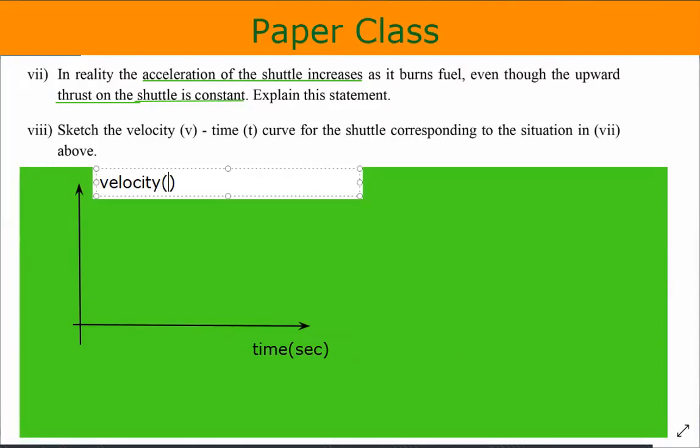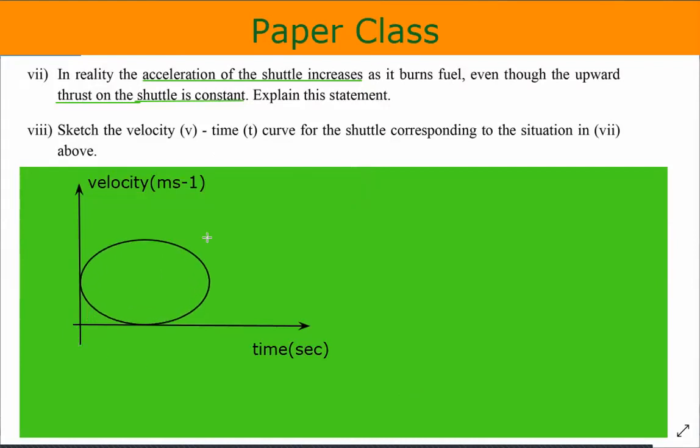But is the acceleration constant here? No, sir. It's not constant. So as the acceleration is not constant, it is not a straight line. It will be a curve like this. So I just have drawn a circle.